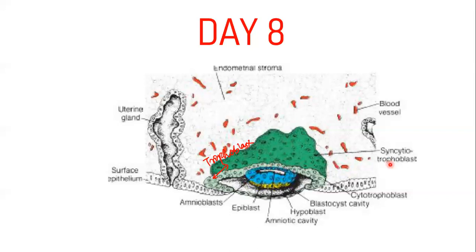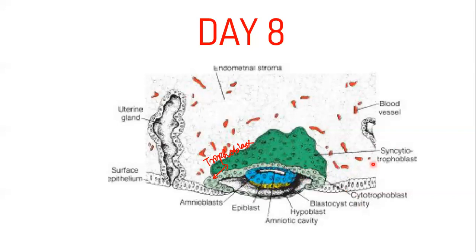The trophoblast divides into two layers of cells. One is called the cytotrophoblast, which is uninucleate. Can you make out that all the cells have a single nucleus and a regular margin, right? They are almost cuboidal cells. That is the cytotrophoblast, and the irregular cells are called the syncytiotrophoblast.